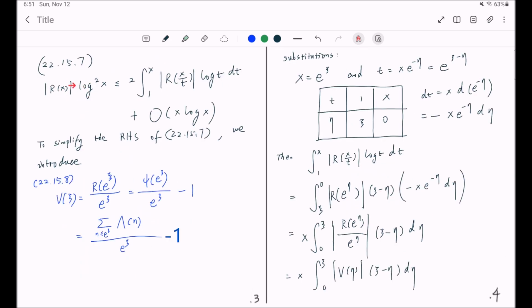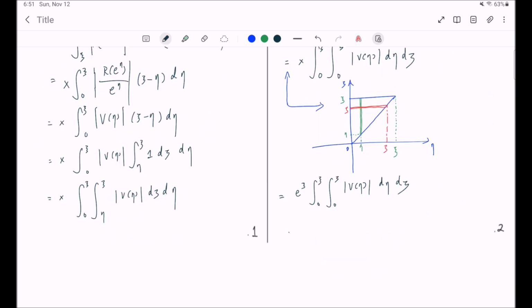And the left-hand side is actually easier. If you make the substitution x equal to e to the psi, then the left-hand side, which is the absolute value of r of x times log of x squared, is equal to the absolute value of r of e to the psi times psi squared.